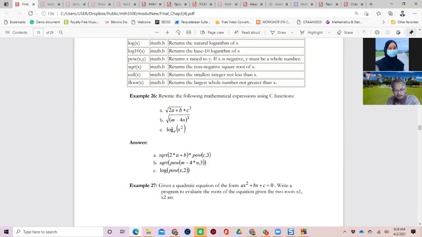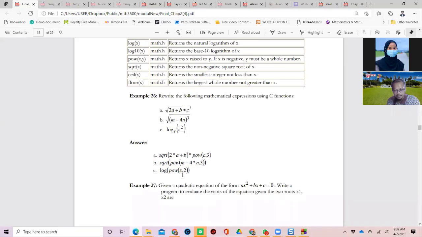And then log e: in normal mathematics it is ln, but ln in C is log. So POW x, 2 can alternatively be written as x star x.